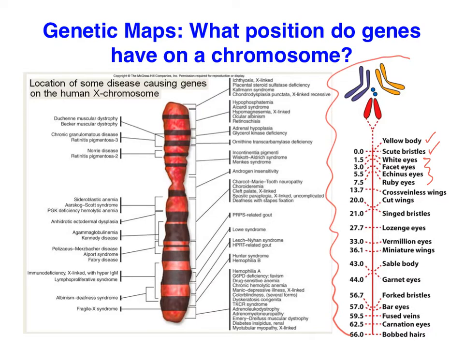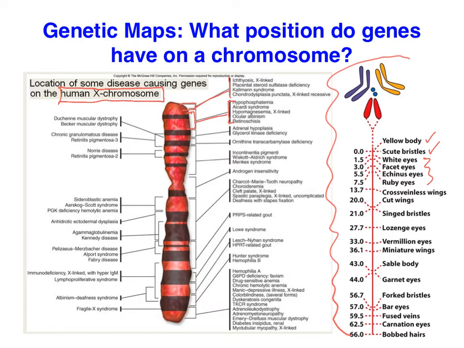Now on the left-hand side, we're considering the human X chromosome. And this is a simplified map, though it is much more complex than the Drosophila chromosome. You can see we have the location indicated of multiple different disorders or diseases, and they're localized to small regions on the X chromosome.